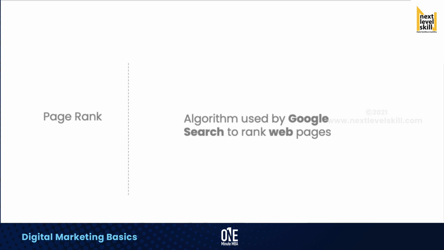It will rank the website as per the content, the links, the meta tags, relevancy, etc. So this PageRank algorithm is helping Google in 2020 to give precise searching and precise results.